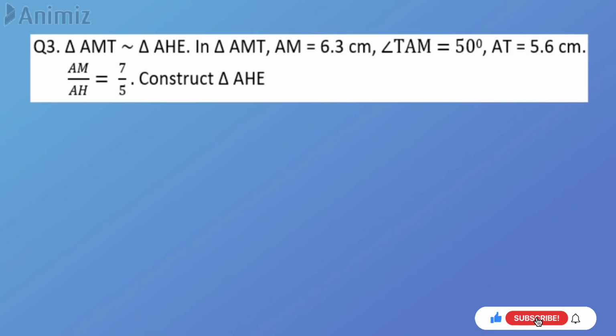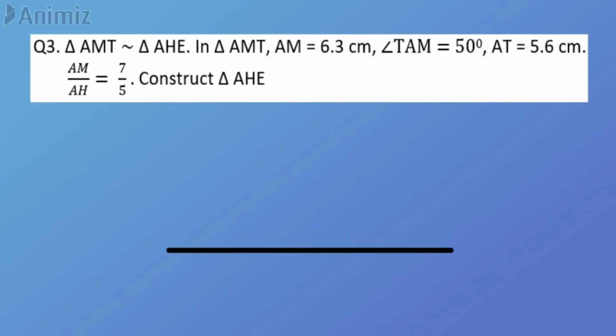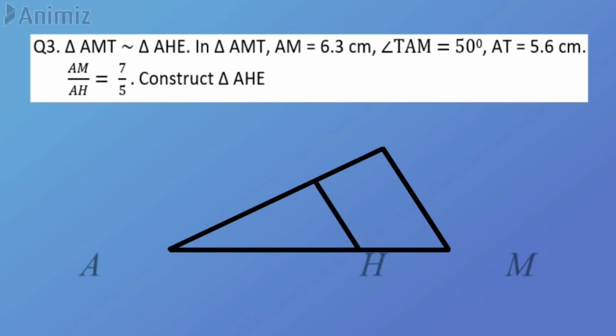So whenever the numerator is larger, the first triangle is the larger one and the second one is the smaller one. So you are asked to construct triangle AHE. Just discuss the rough diagram. Now AMT is a larger triangle, EH is parallel to TM, A is a common vertex. Let's construct this sum.